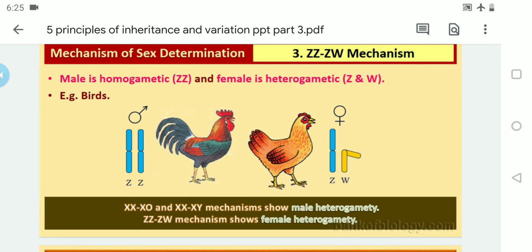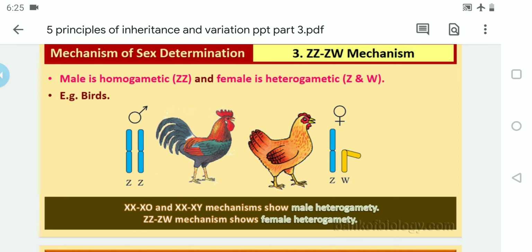Okay, now write down during the fusion, the offspring, there are only two possibilities. If 38A plus Z fuses with another 38A plus Z, then there is the possibility of 76 AA plus ZZ.